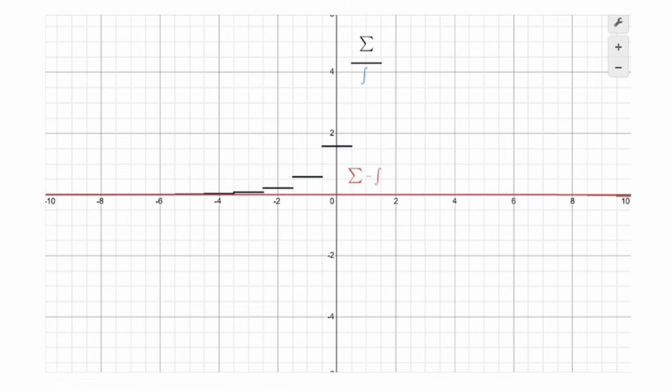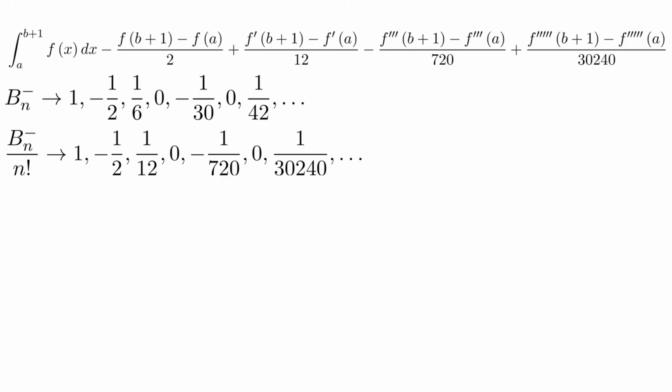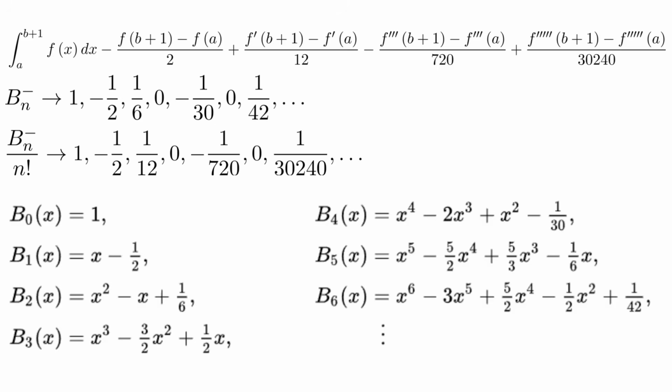As we extend it, we get these coefficients, which are actually the Bernoulli numbers divided by factorials. This is because when we extend it in general, our polynomial becomes something known as a Bernoulli polynomial for i equals 0, which is then divided by factorials.